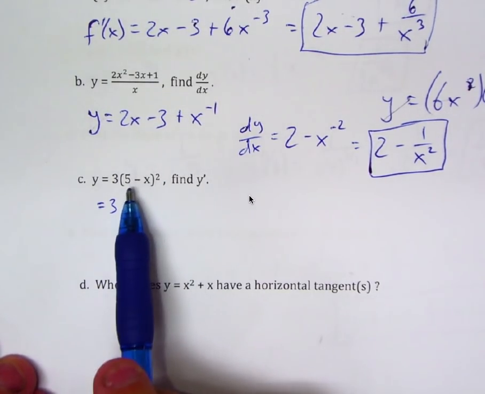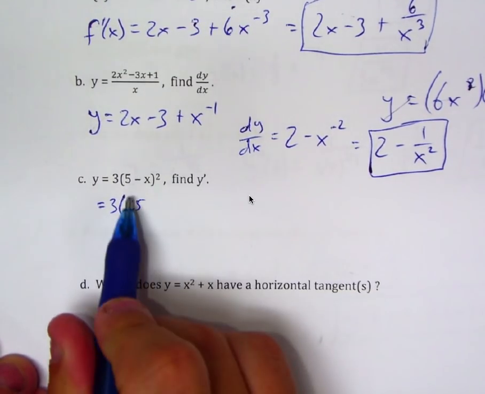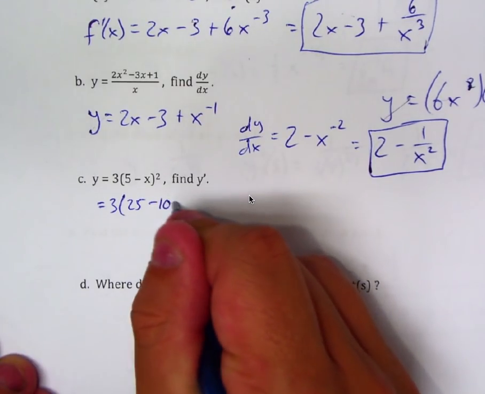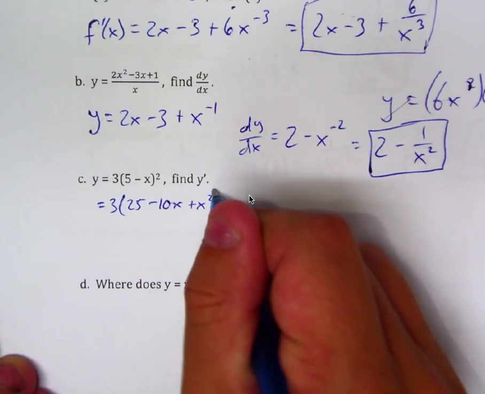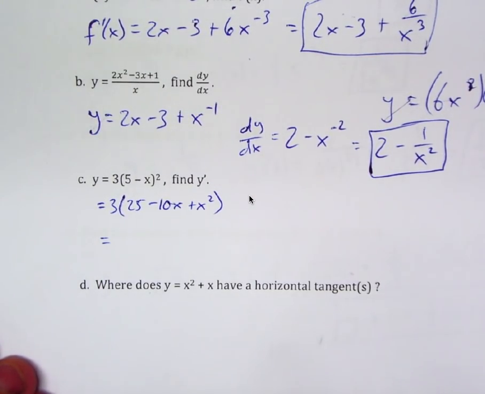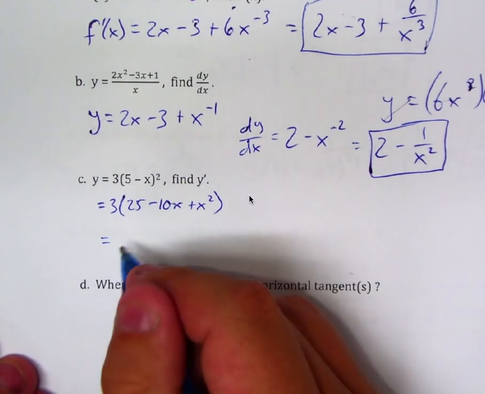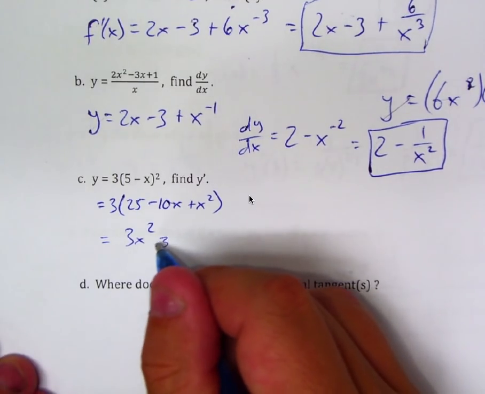So if we square 5 minus x, I like to use the shortcut. Square the first term. Take the product and double it. Square negative x, so positive x squared. Then distribute the 3. I'm going to put this in standard form. So I'm going to write 3x squared. You don't have to do this. I just like it in standard form. And then minus 30x.